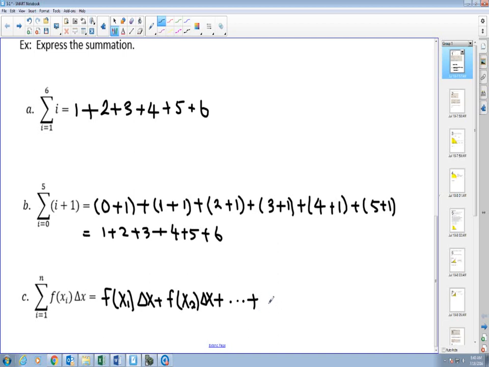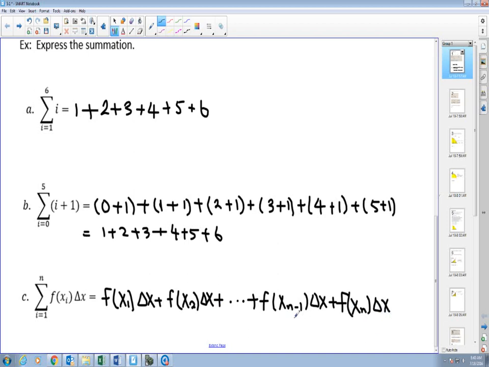I'm going to write the one before the last one. The one before the last one is f of x sub n minus 1 times delta x, plus the last one, which is f of x sub n, the nth term, because I need to add up to the last term, times delta x.